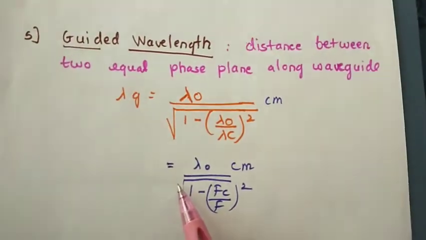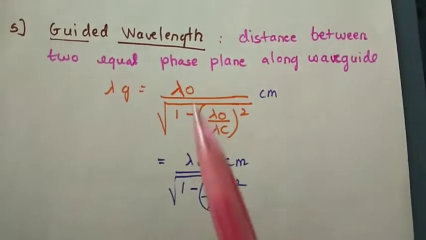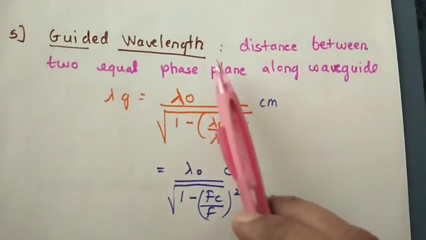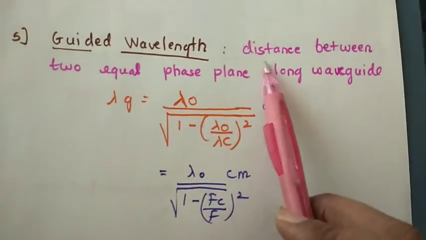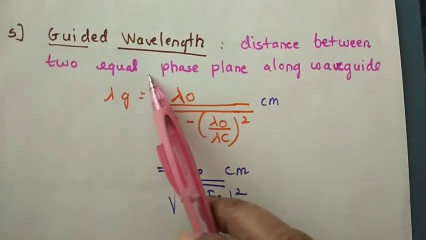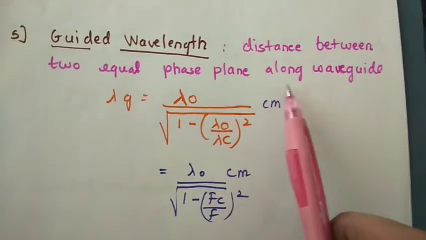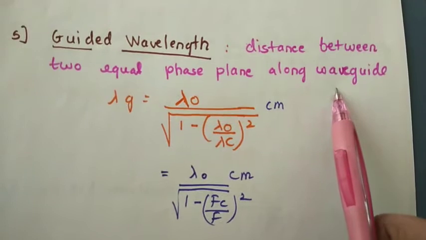Now we'll go for another definition, which is guide wavelength. Guide wavelength is the distance between two equal phase planes along the waveguide.